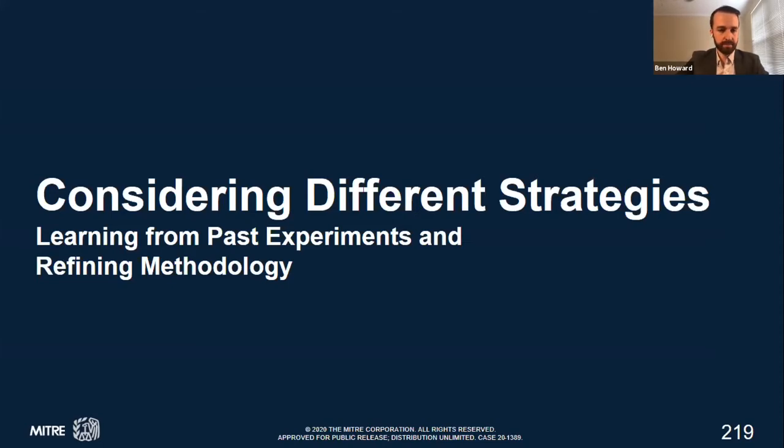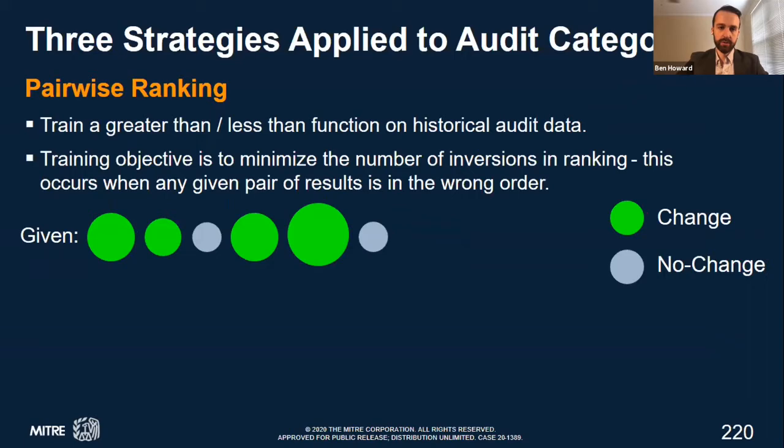So jumping right in, the first method I will present is called pairwise ranking. This is a learning to rank algorithm, and at a high level, audits can be thought of as a learning to rank problem, in that given a pool of returns to consider for audit, the IRS would want to pick the highest level of noncompliance audit first, followed by the second, and so on and so forth.